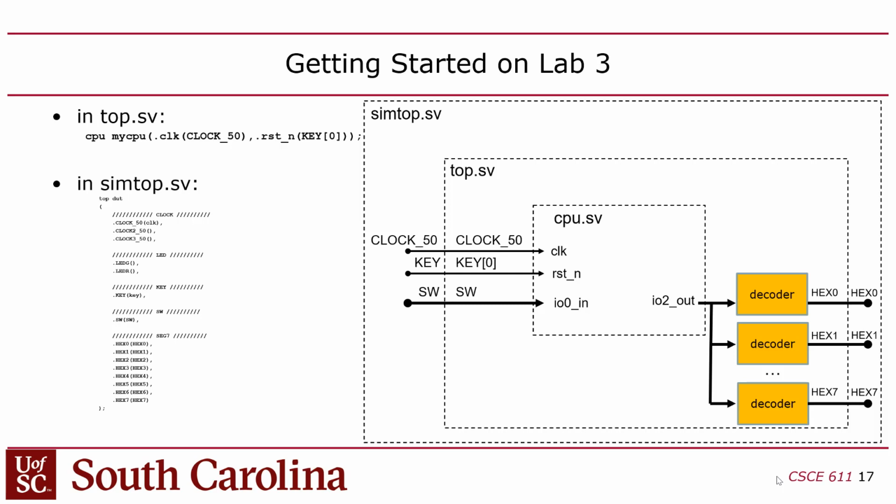It's called clock_50 in top, but in SymTop we must have just called it clock, because I took this from code that was working, so it can't be a bug. In SymTop we have something called clock, but in top we refer to it as clock_50 because that's the actual name of the clock. So we connect those, and then the hex displays are connected, and then switch, and then key.